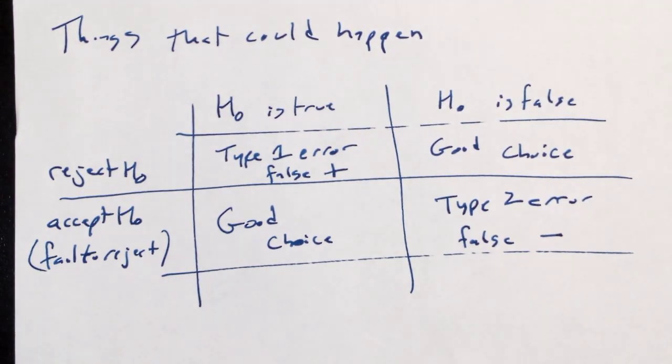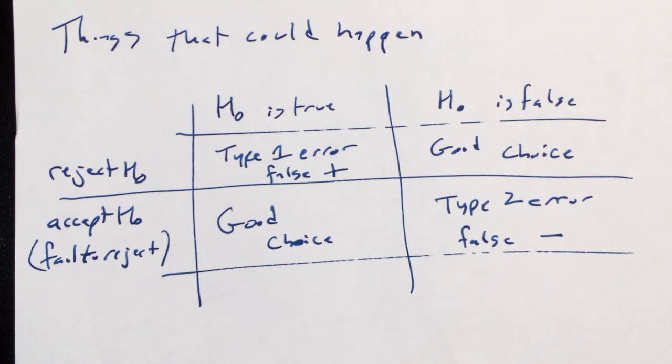Now, let's think about the consequences here. I have a trial. The assumption in a trial is that you are innocent. What's a false positive there? The assumption, my null hypothesis, you are innocent. What's this error? Someone hasn't done anything.